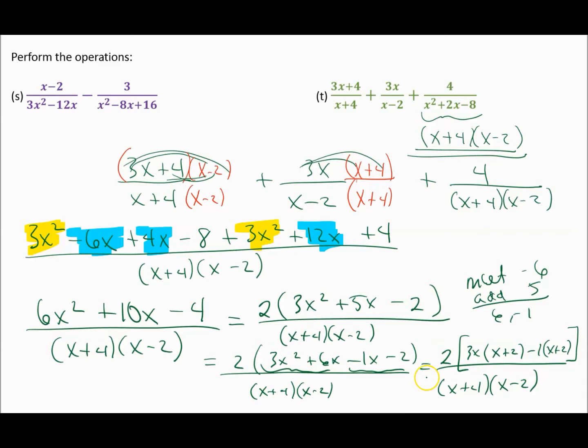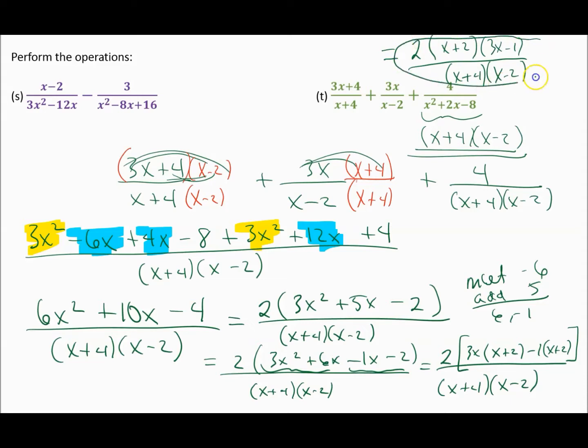I'm going to continue. Look, at the top of the page over here, top right, it's going to be 2 times. Now the one that matches is x plus 2 times what's out front, 3x minus 1 over my common denominator of x plus 4 times x minus 2. I had to do that, but there are no common factors.